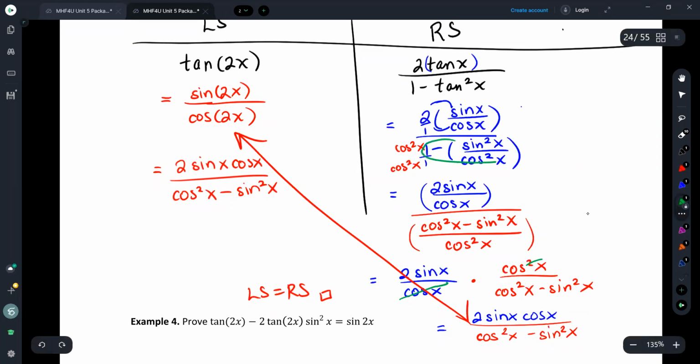And in order to put these two things together here, I needed to create a common denominator. So that's why I multiplied the top and bottom by cos squared. Otherwise, I wouldn't have been able to get this single fraction over here. Any other questions?